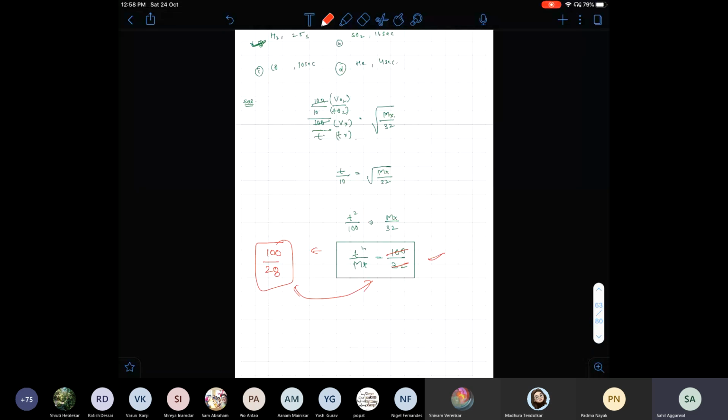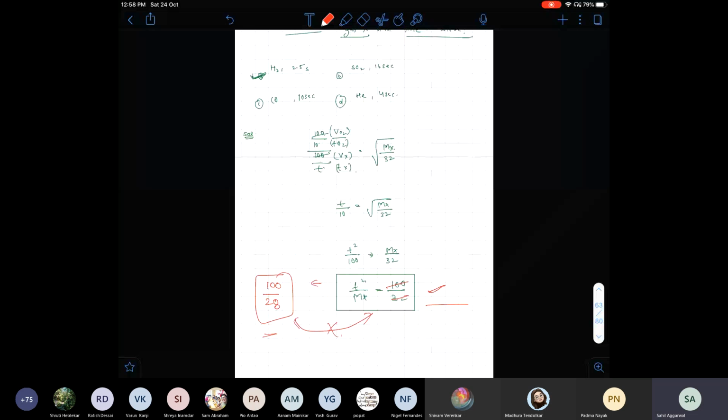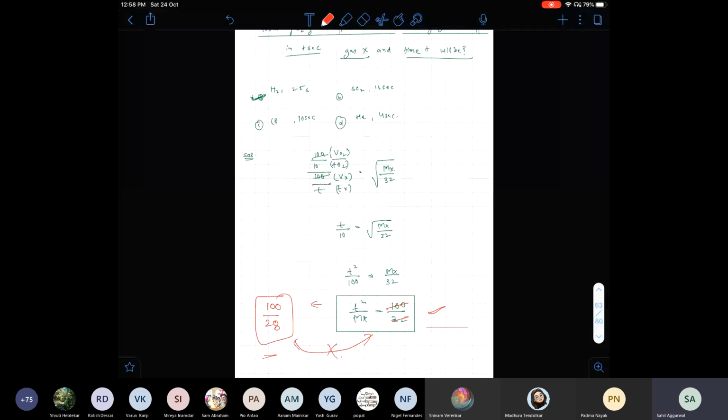This is 100 by 32. This is 100 by 28. Yes, after reaching here, you have to put the values and check which one is coming out to be correct or same. Aur koi tarika nahi hai iska, kyonki yahan par do variables hain.